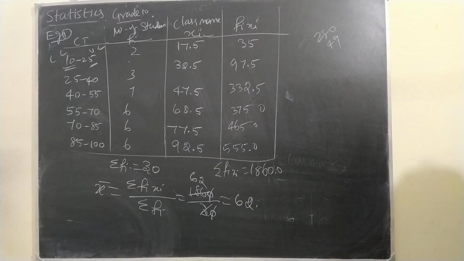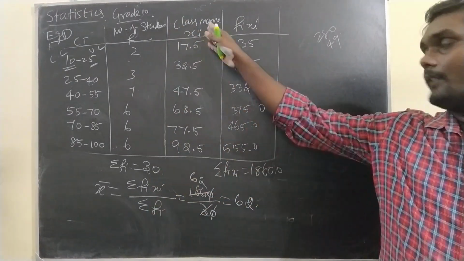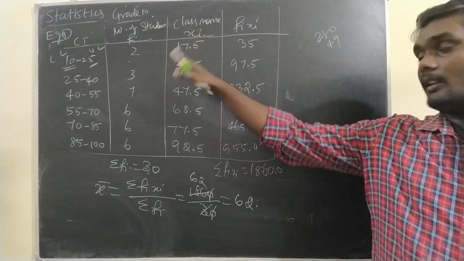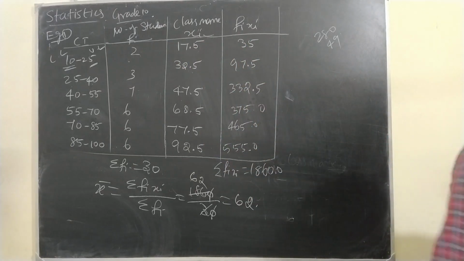Question number 1, try doing question number 1 in the exercise. Easy one. Write the table vertically first. After that, find the class mark. After that, Fi xi, add everything, apply in the formula. Make it fast.